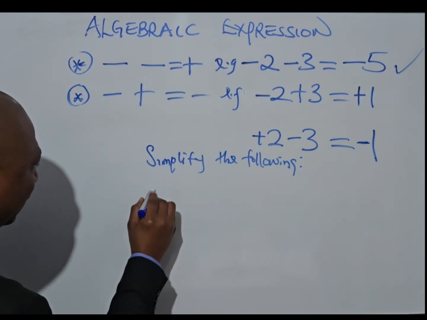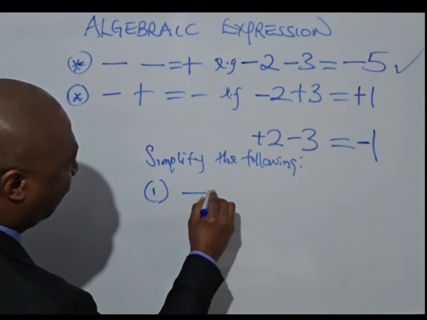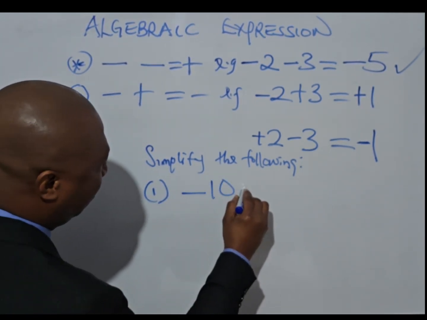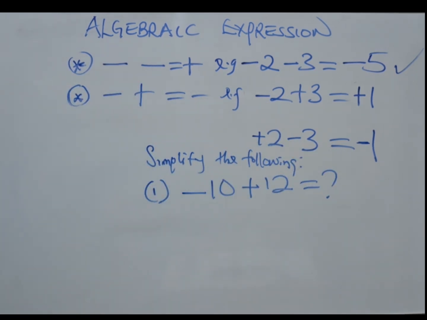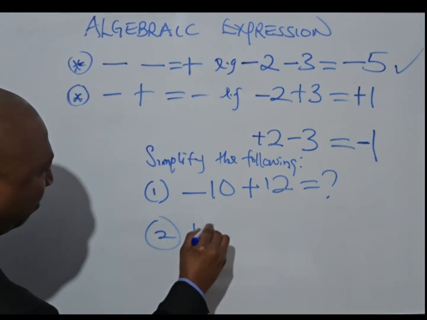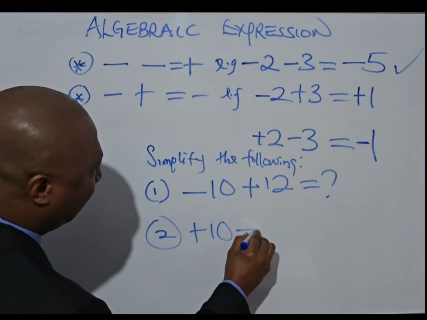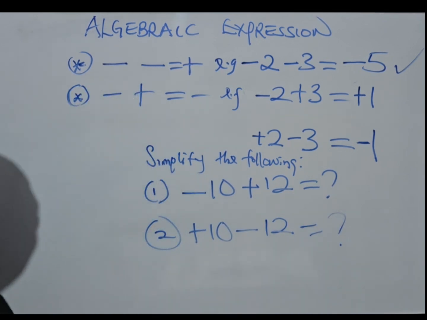Number 1: minus 10 plus 12. What is the answer? Then number 2: plus 10 minus 12. What is the answer?